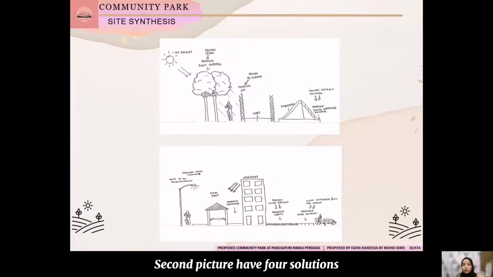Second picture has four solutions. Street lamp needs maintenance because when it is cloudy weather, we do not want anything bad to happen. And then, because this site is located at the center of the apartment area, it should provide a focal point, such as proposing a gazebo and walkway.